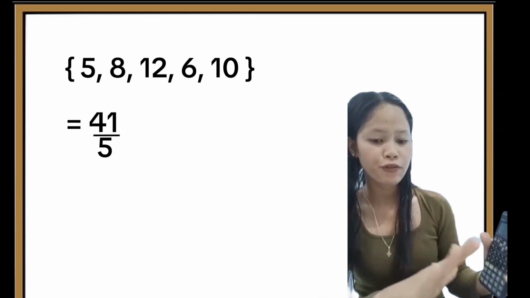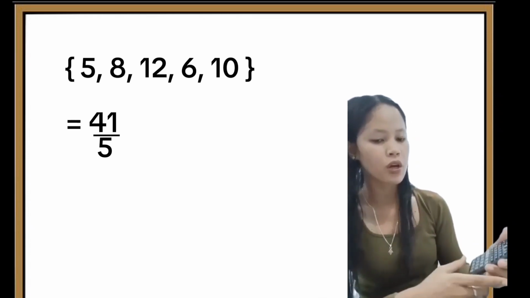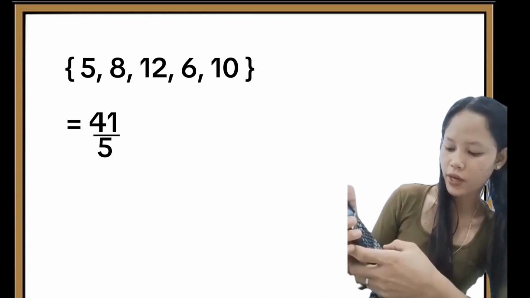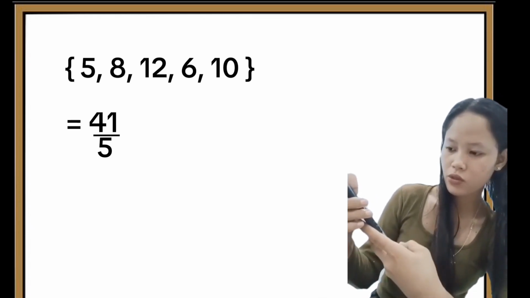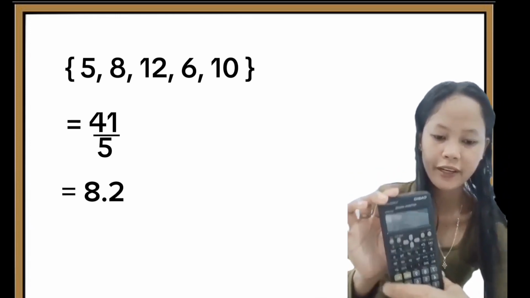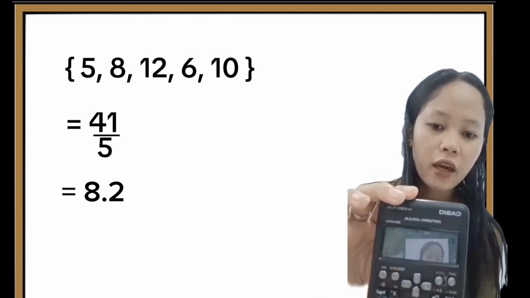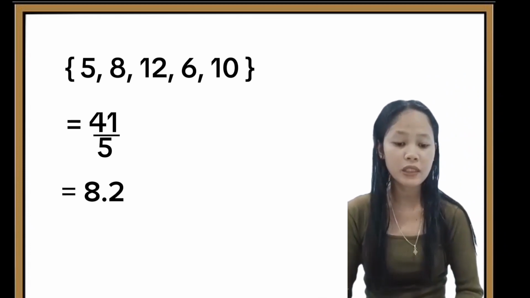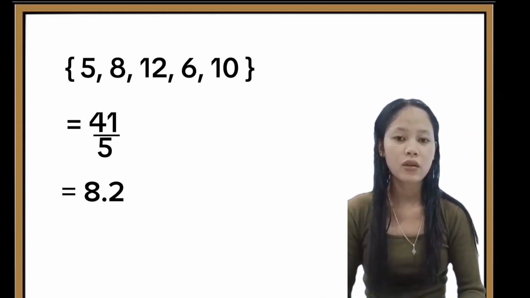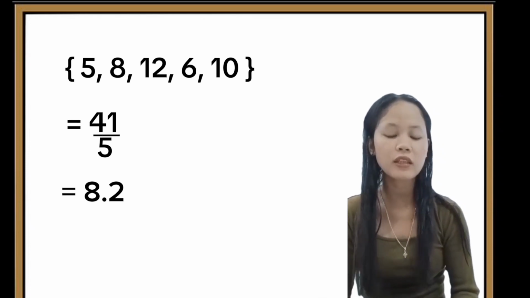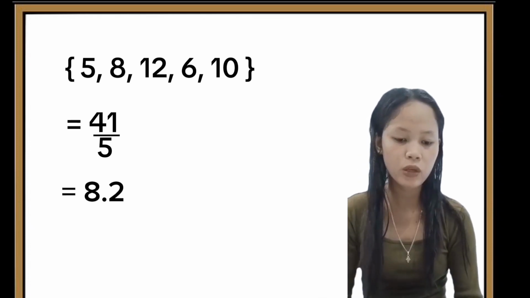So if we divide 41 by 5, it should be 8.2. Therefore, the mean of the data set 5, 8, 12, 6, and 10 is 8.2.